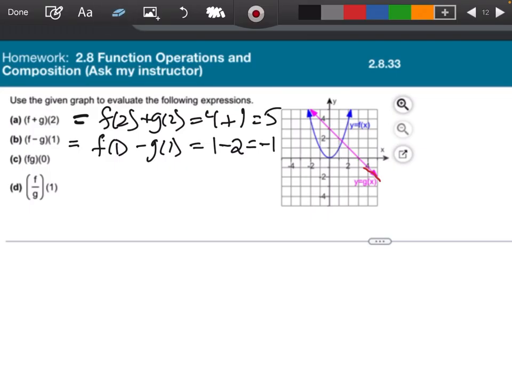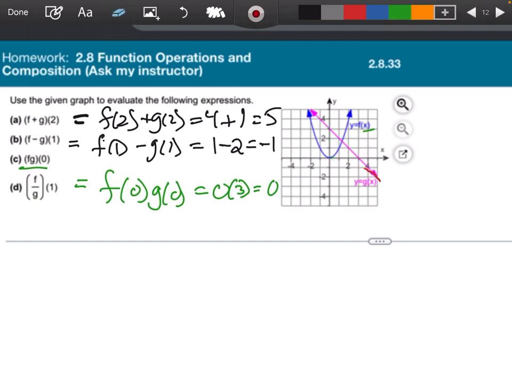Okay, let me clean that up. And let's do part C. F times g of 0. So y'all, I want to find f of 0, and I want to find g of 0. Here we are at 0. Y'all, we're already hitting the function f, so that number is 0. G of 0, 1, 2, 3, that's 3. And 0 times 3 is still 0.